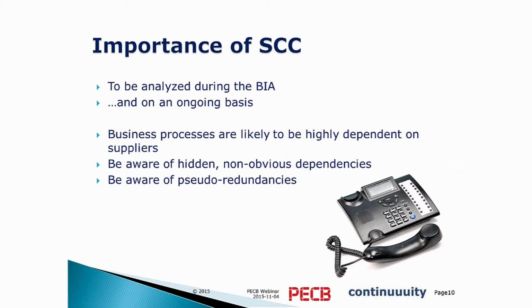Another important aspect is pseudo redundancies. I may have a contract with 2 telecom providers or 2 electricity providers, and I think it's fine if one breaks down, then the other will take over.